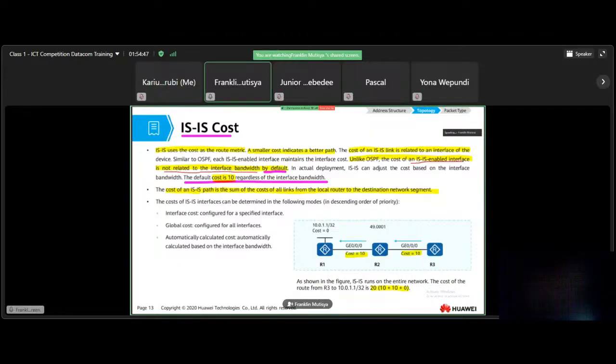In actual deployment, ISIS can adjust the cost based on the interface bandwidth. By default, the ISIS cost of any interface is 10, regardless of the interface bandwidth.